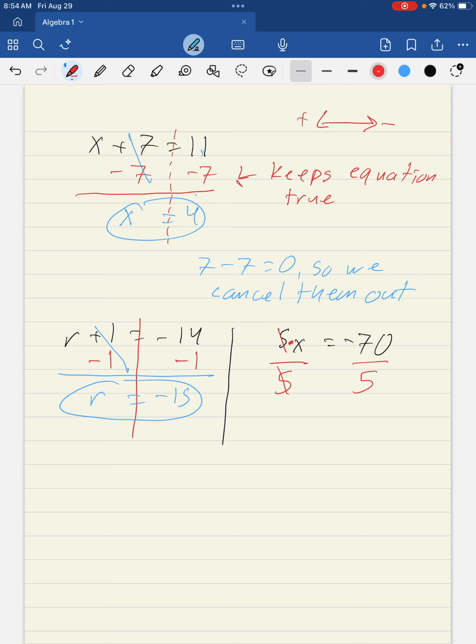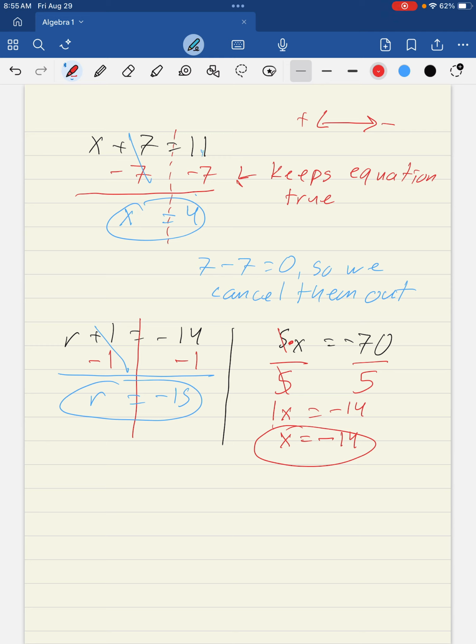Why do the 5s cancel out? 5 over 5 is just one whole. So it's going to be 1x equals negative 70 over 5. Let's see, that's going to be a negative 14. Usually when there's a 1 before your variable, we just get rid of it. If you ever see a variable by itself, there's an invisible 1 before it.